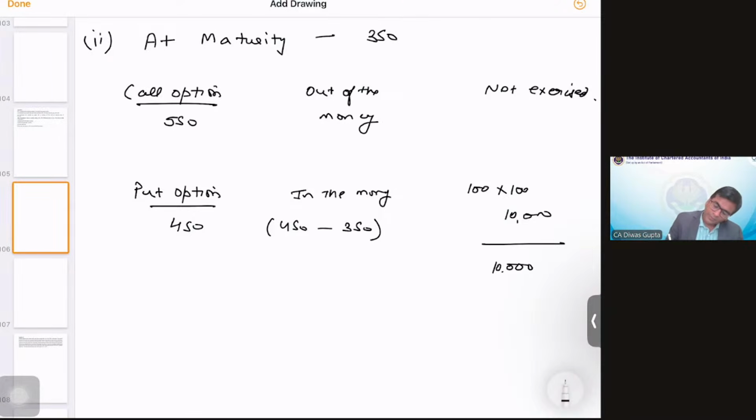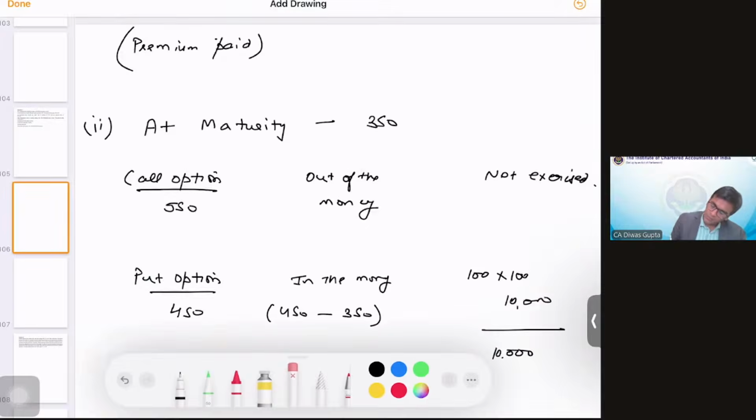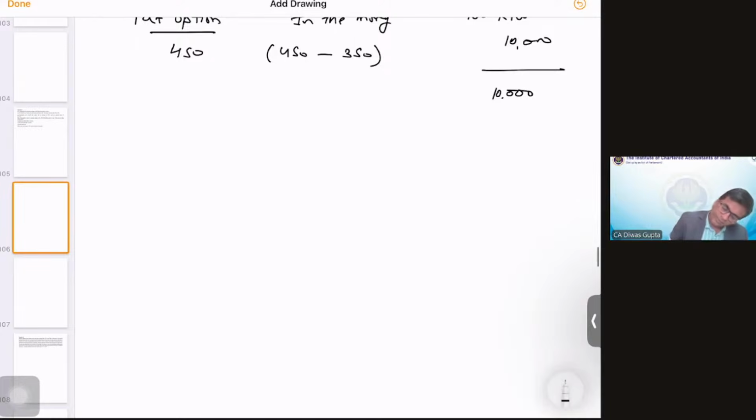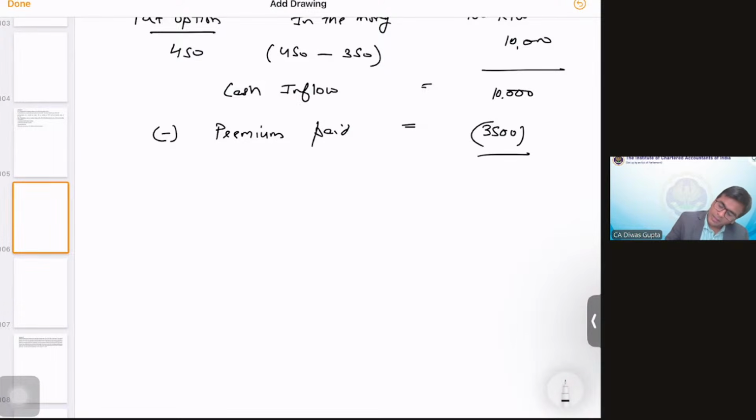So the overall receipts, or let's simply say cash inflow, minus premium paid 3500, and hence becomes 6500 as net gain.